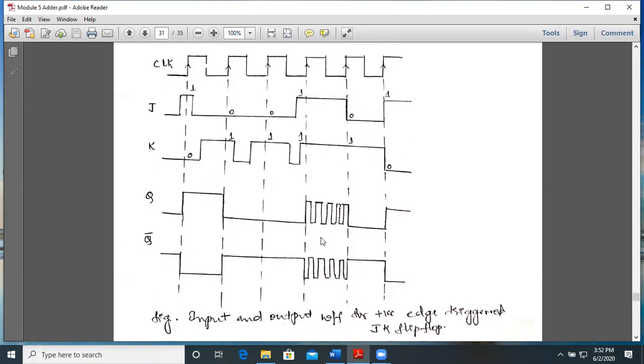This particular case of J and K equal to 1, 1 will move the flip-flop to the toggle condition, and we will not come to know what the state of the flip-flop is, because it is changing very fast. We will not know what the particular output is at that particular time. This condition is called the race around condition.